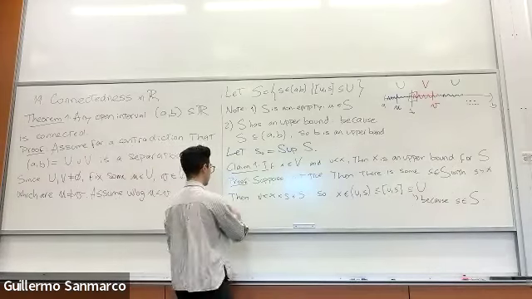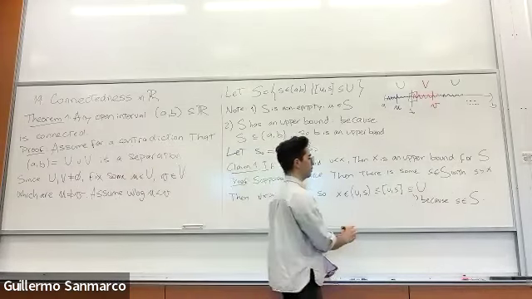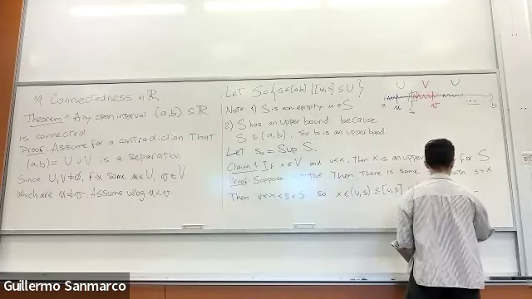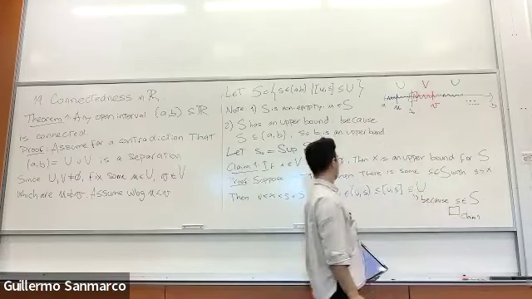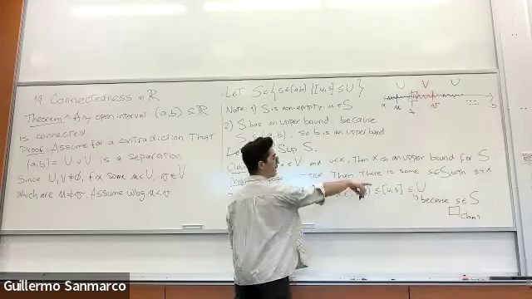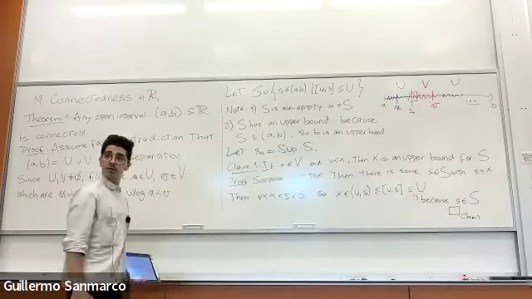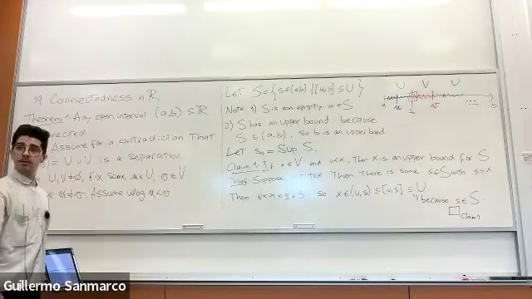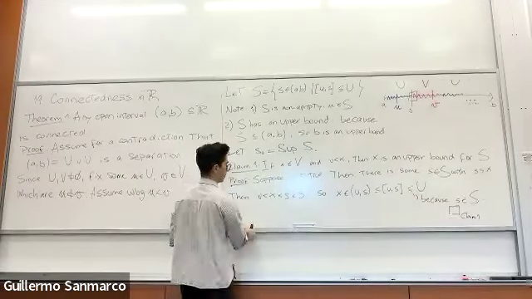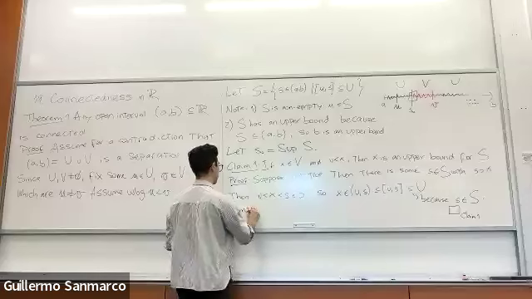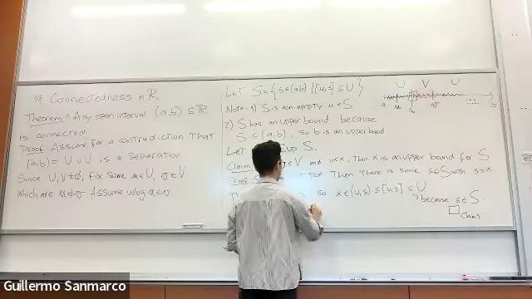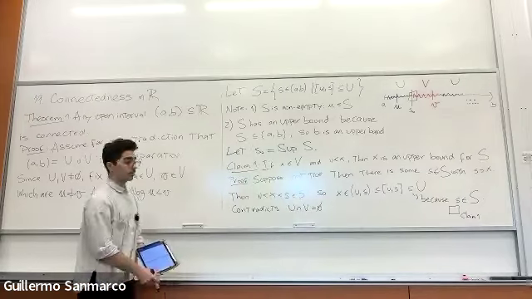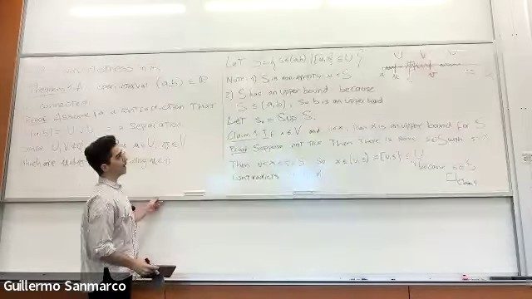So this is a contradiction, and this proves claim 1. Because we're saying x lives in U, but it was supposed to live in V. So this contradicts U intersection V being empty.